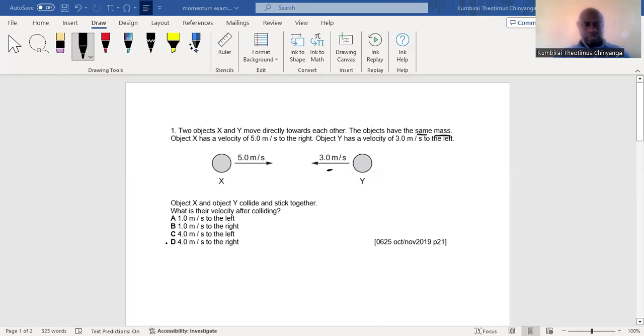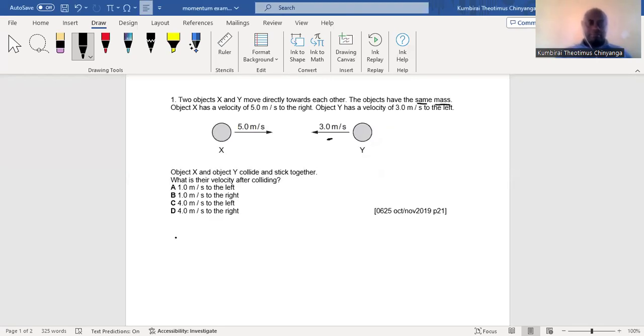So in this worksheet, we are going to apply these equations. Now, example one, and we are going to work together on these problems.